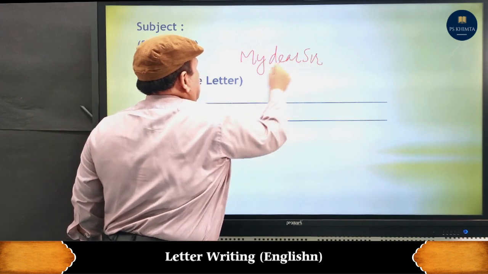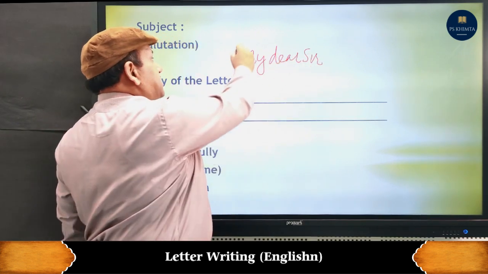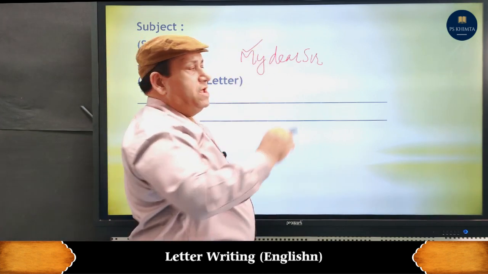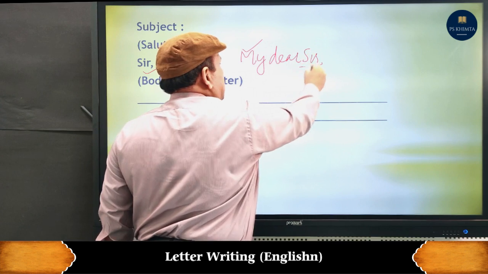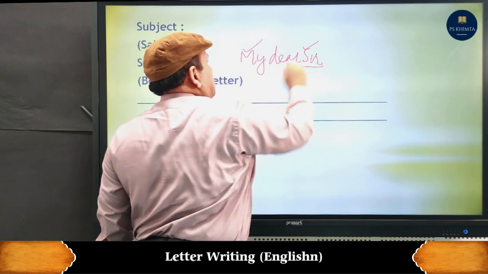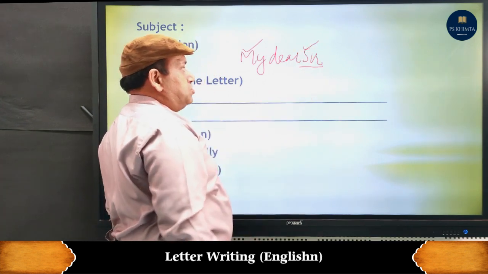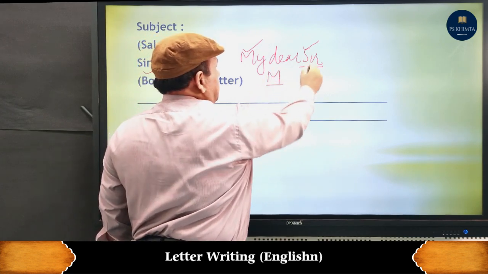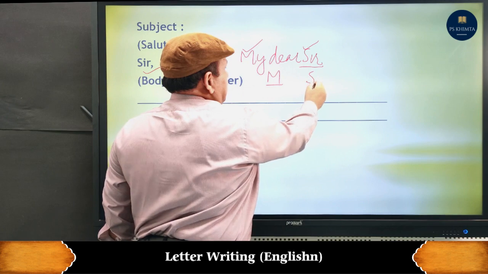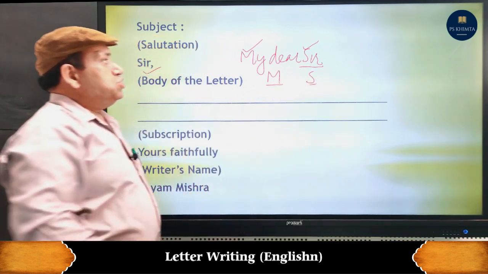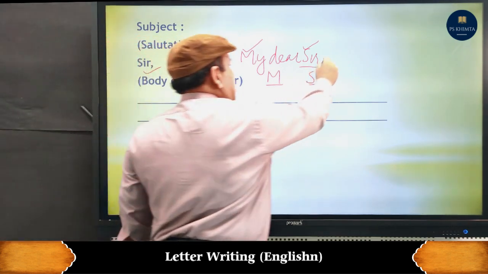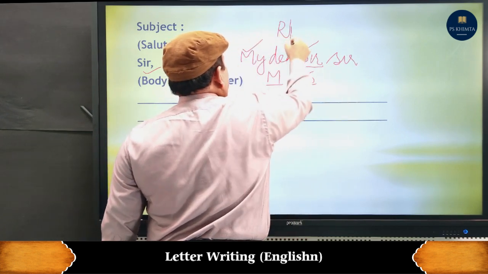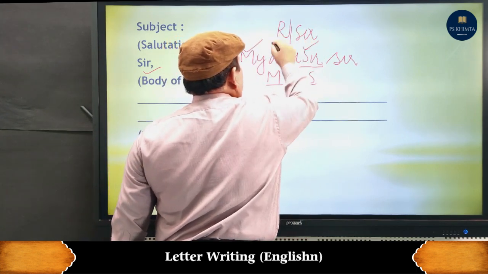Then one thing you have to keep in mind: write the first letter of the first word capital and the first letter of the last word capital. Why is it important? Because this is the first, it should be capital, and this is the last word, and it should be capital also. So never write it small like this, sir. This is wrong. Sometimes I have seen people writing like this also, Respected over sir.